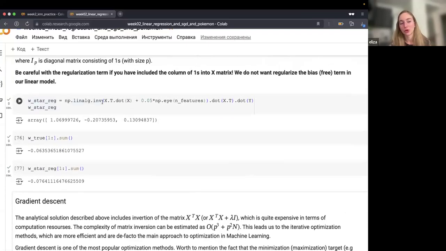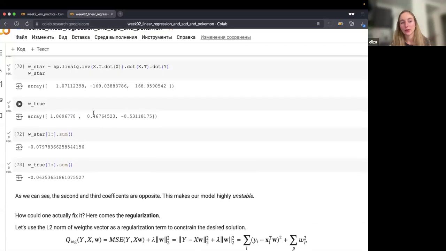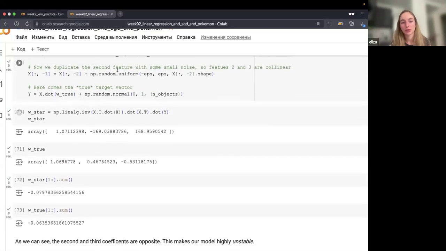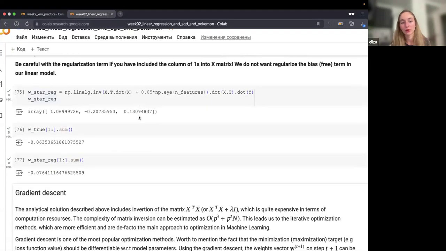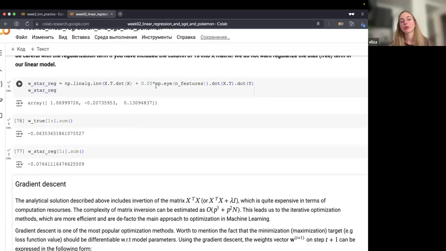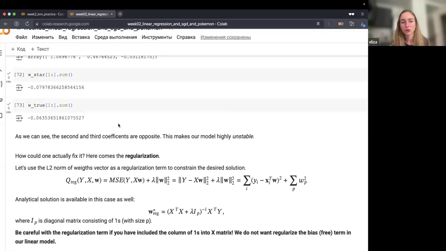We also use our collinear features from the generating part of our code. But with regularization, we get a result closer to the true weights. And we can also check that the sum is also close to the true weights.